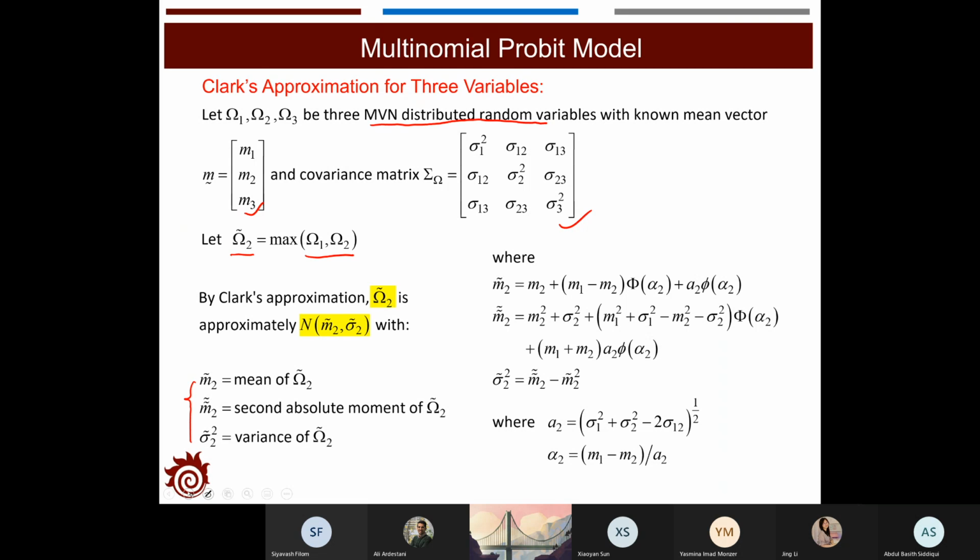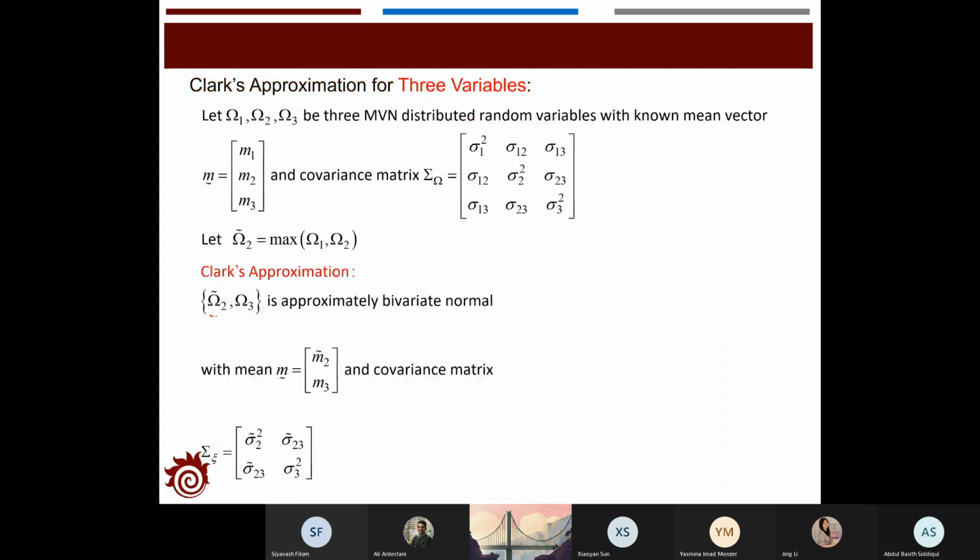And then we can claim that omega 2 tilde and omega 3 is also in the bivariate normal distribution with the mean of m2 tilde and m3. M3 is the one we defined. M2 tilde is the one we estimated from the previous step. And we also can get their covariance matrix as sigma 2 tilde square.